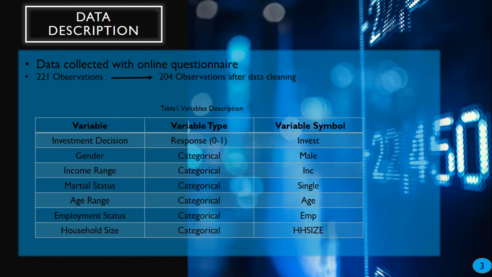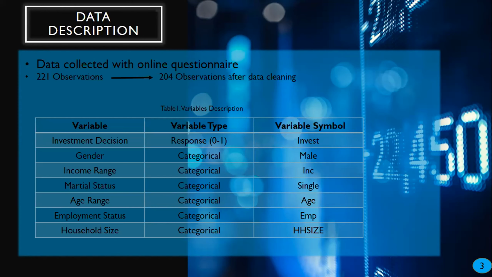I asked respondents whether they have ever invested in the stock market or cryptocurrencies. So I used binary classification models, and I used a categorical variable for describing my dependent variable.